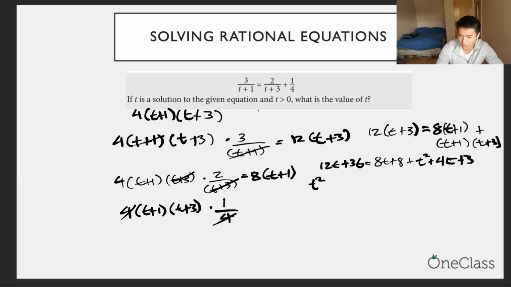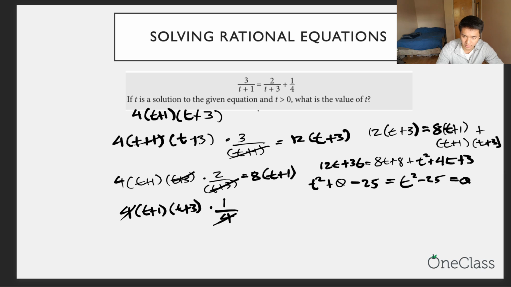We want to combine all the t's, so we have 4t plus 8t is 12t, minus 12t is equal to 0, so plus 0. We have 8 plus 3 is 11, minus 36 is equal to negative 25. So we get t squared minus 25 equals 0, and then that's going to be our final equation.